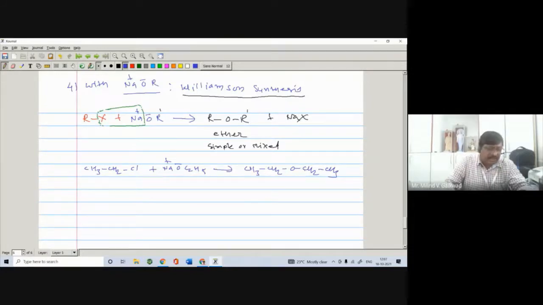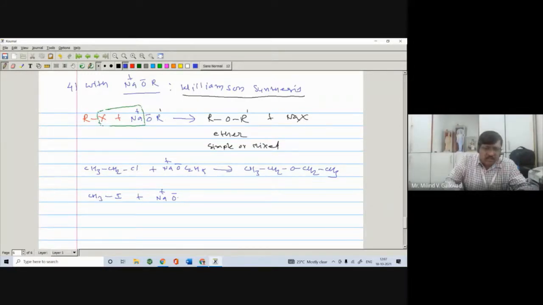It is a simple ether. But suppose both are different: here is the CH3I, an alkyl halide, and you can take sodium phenoxide as the sodium alkoxide.